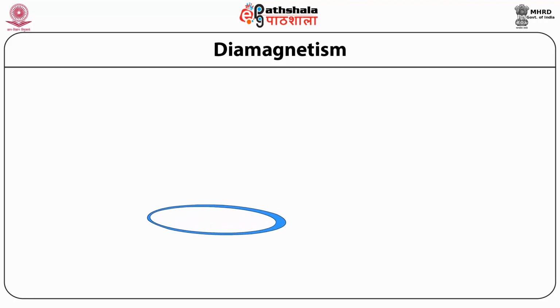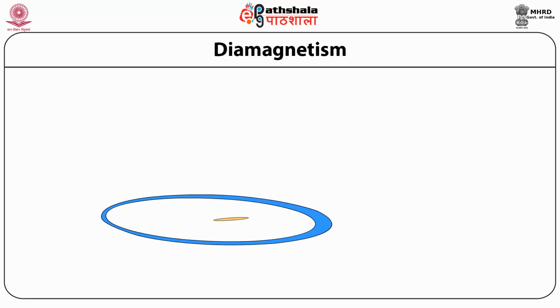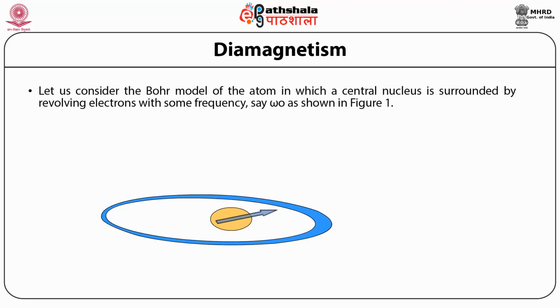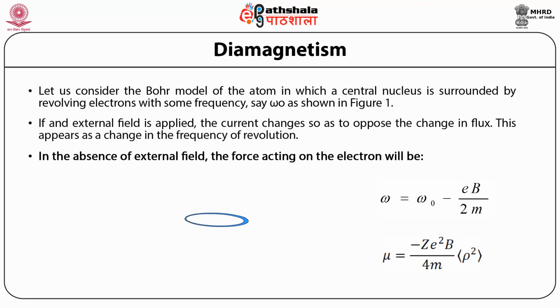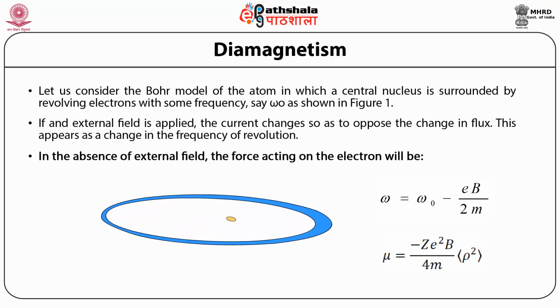In order to discuss the classical theory of diamagnetism, let us consider the Bohr model of the atom, in which the central nucleus is surrounded by electrons revolving with some frequency, say omega naught, as shown in figure 1. When an external field is applied, the current changes so as to oppose the change in flux as per Lenz's law. This appears as a change in the frequency of revolution.